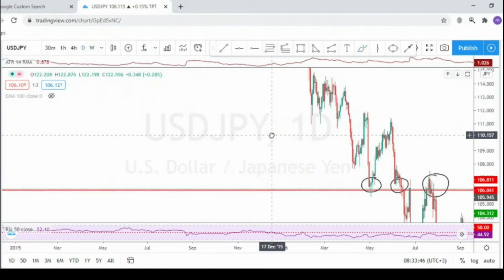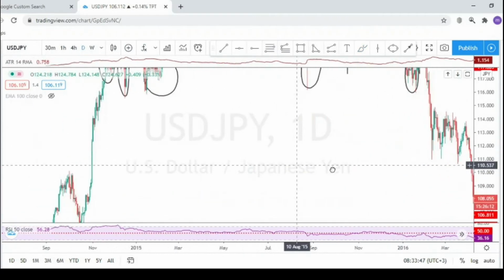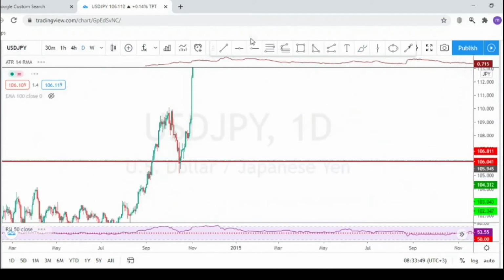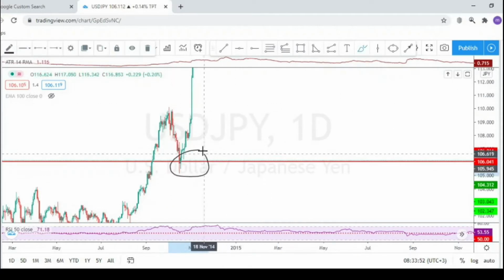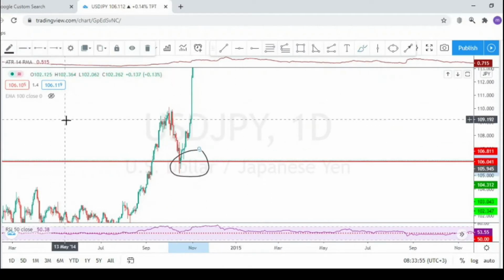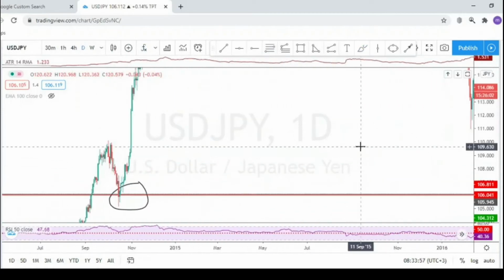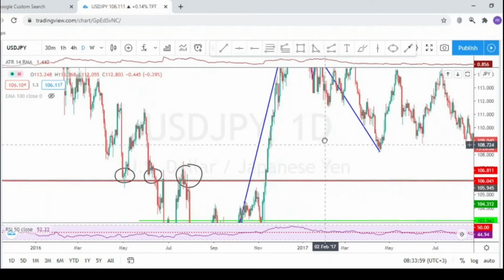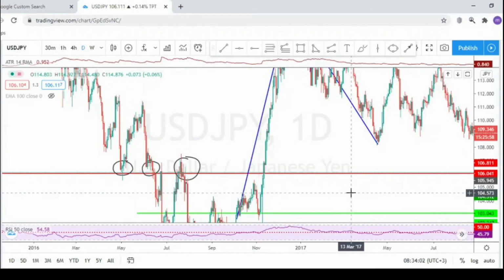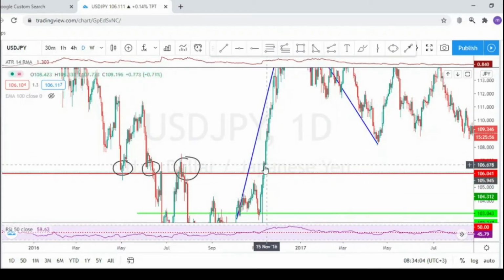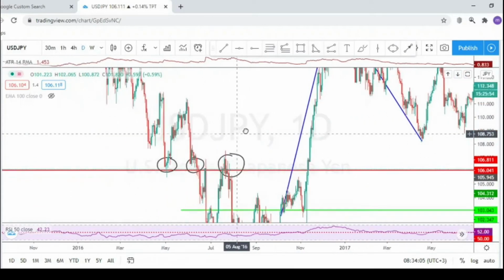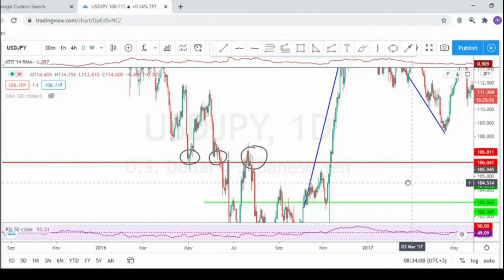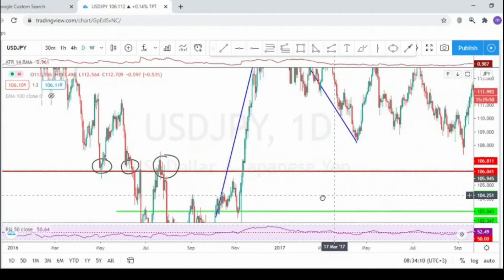And let's see whether it was tested here in the past. Yeah, it was tested here as support as well. And there it is, guys. So we have identified our key level of structure, which is being tested multiple times as support and resistance in the past.